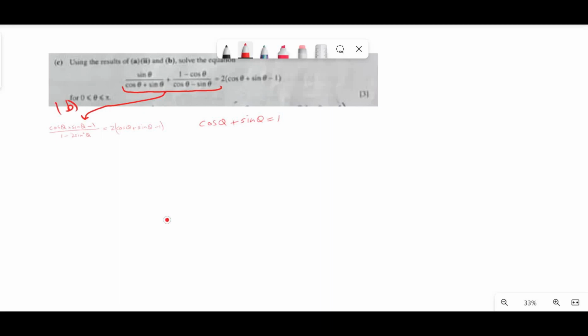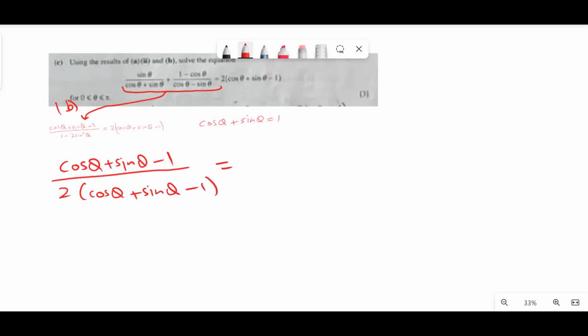Now this will be equal to cos theta plus sine theta minus 1, whole divided by 2 into cos theta plus sine theta minus 1. This will be equal to, simply cross multiply it, 2 sine square theta.